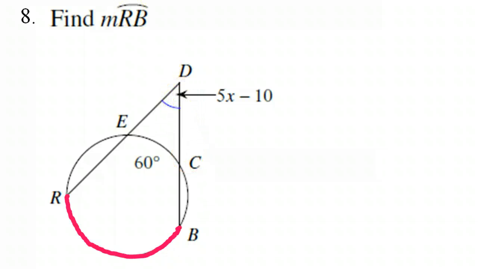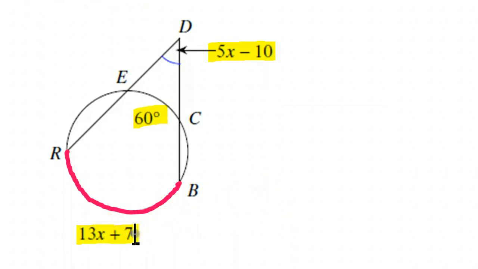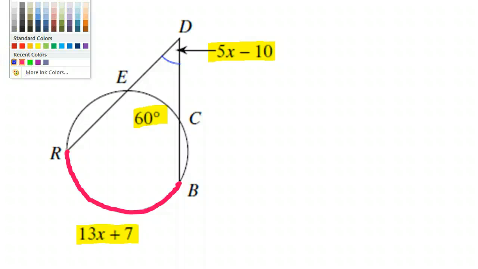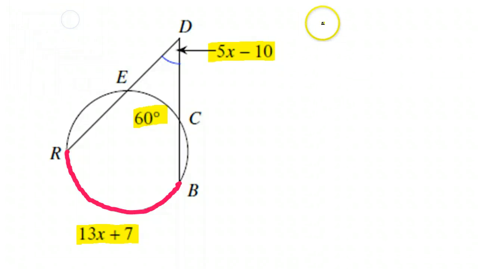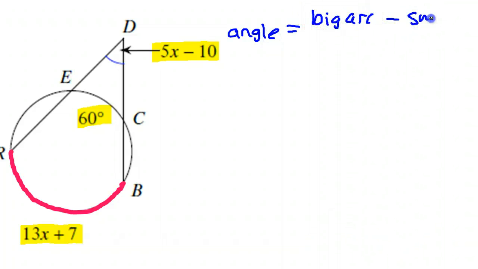Okay, so I've got this, and then I've got this. These are the 3 things involved. Okay, so I'll set it up. Angle equals big arc minus small arc divided by 2.